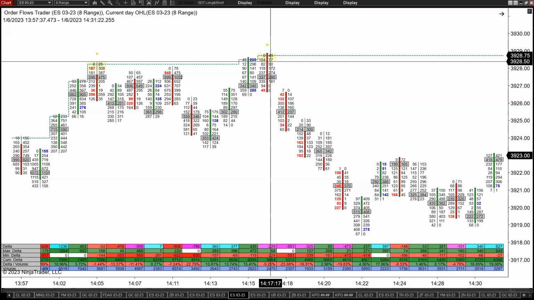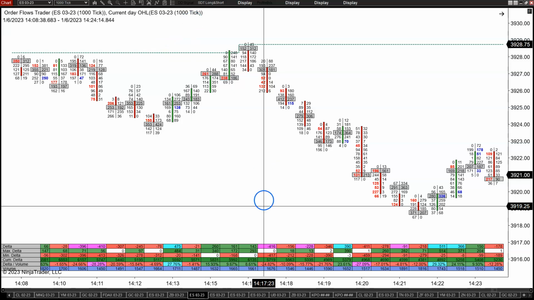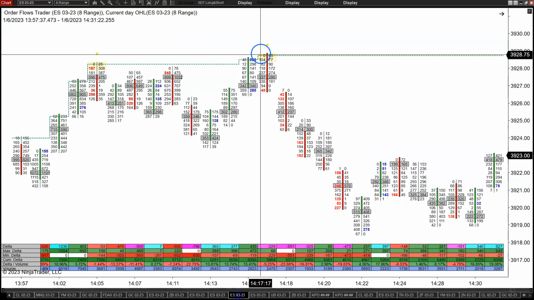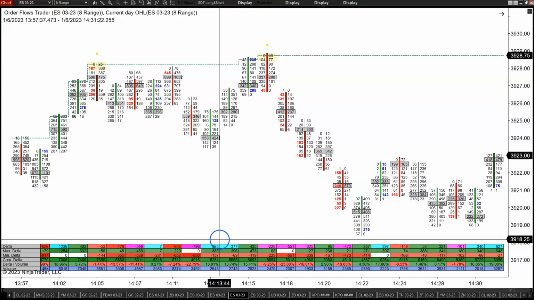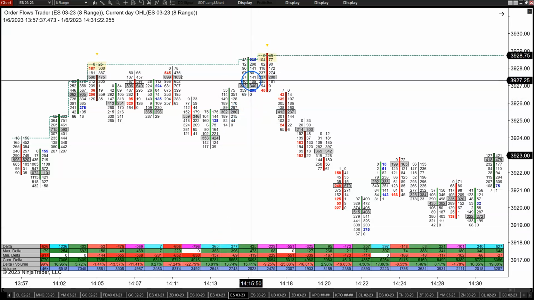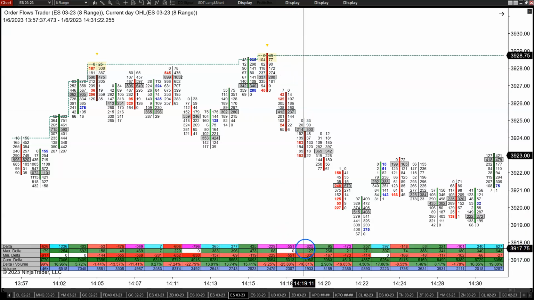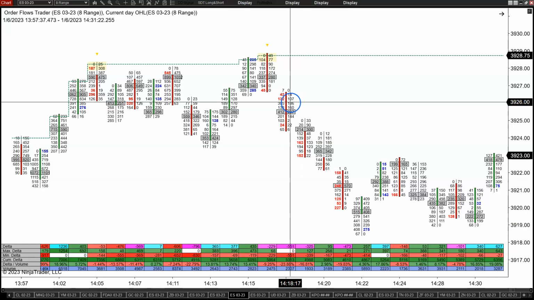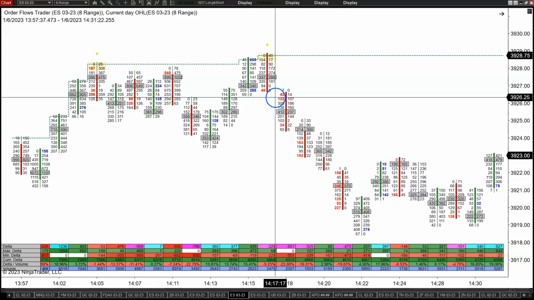I do have a delta divergence. Okay, that's nice. So what looks very bearish on the 1,000 tick chart is a different bearish signal here. The way the delta is shaping up going into the high is different, but after the high you see the sharp selling in the deltas. Obviously, you don't have that stacked imbalance in this bar after the high is made.